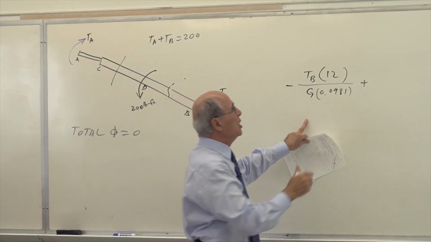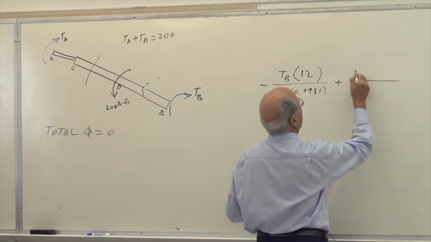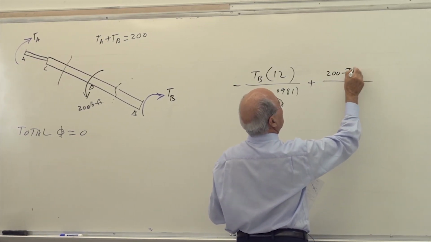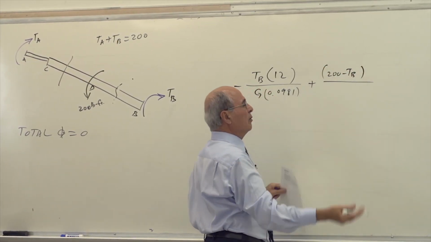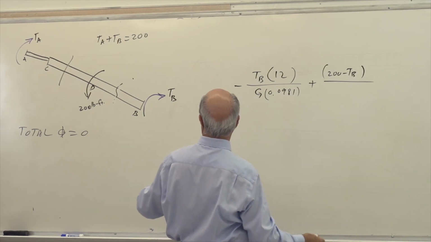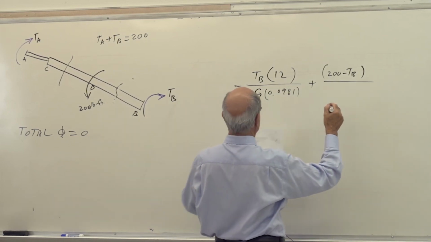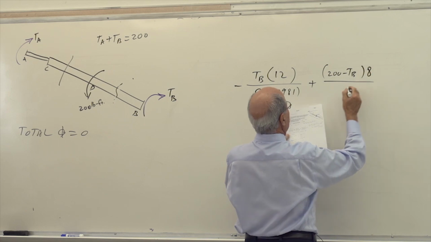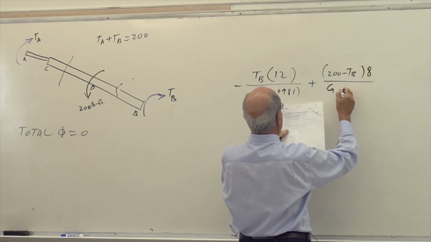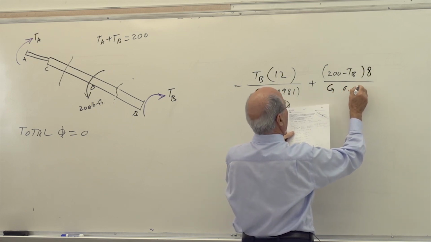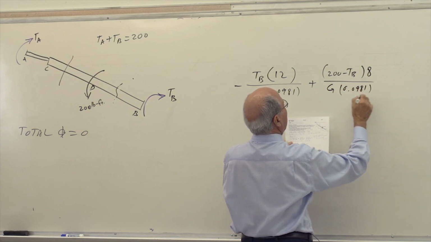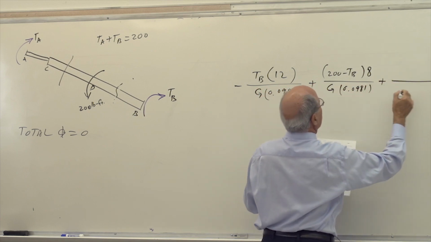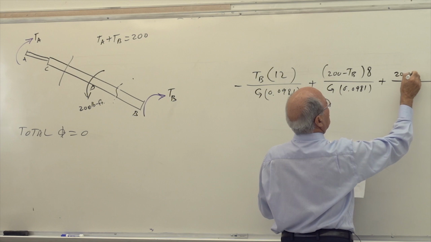Everybody understand that. So that one is 200 minus TB, or TA, whatever, some of you put TA there, which is perfectly okay. And the length of that one is 8 divided by G times 0.0981. And the last one is plus 200 minus TB or TA.